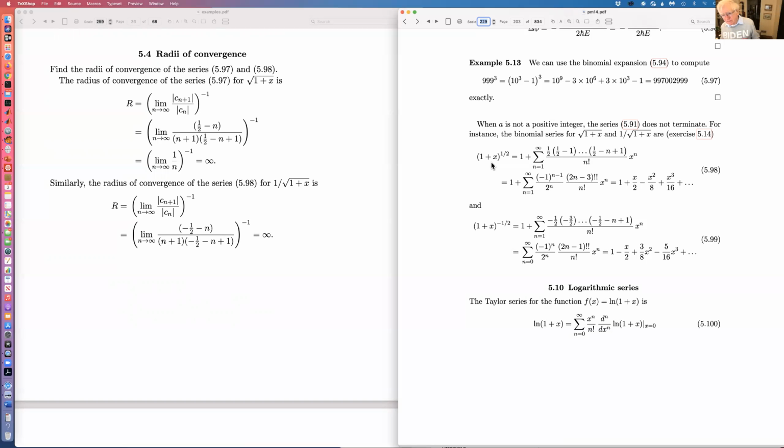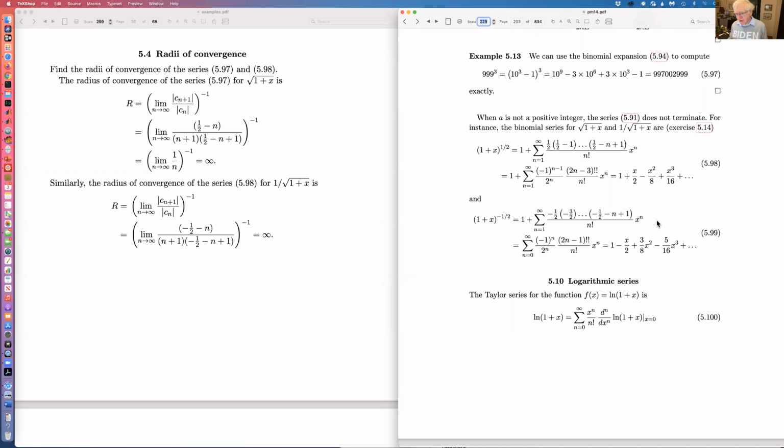You can factor out the big parameter, and then you get a square root of 1 plus x, where x is small compared to 1. Then you can approximate it as 1 plus x over 2, or if you want to work a little harder, you put in the minus x squared over 8. The same thing down here. But you can, in fact, use the infinite series because the radius of convergence is infinite.